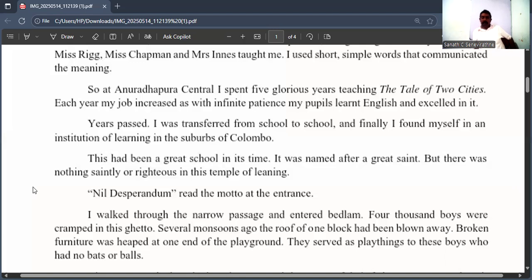The general communication of English should contain short sentences and simple words. But our textbooks, they have so many difficult words.